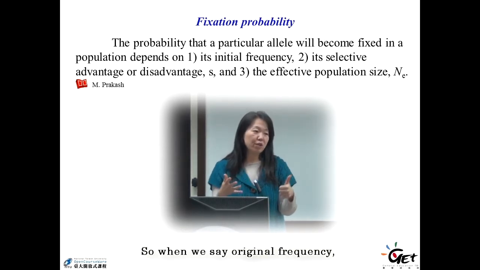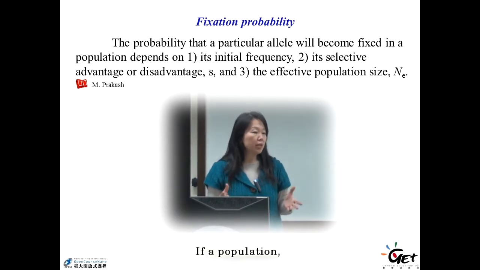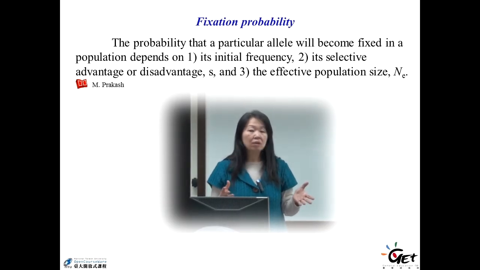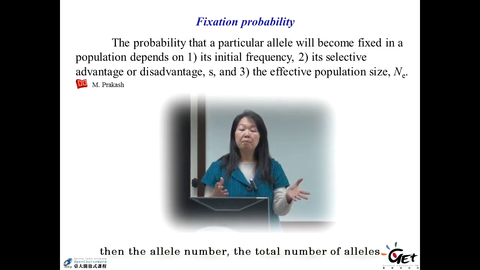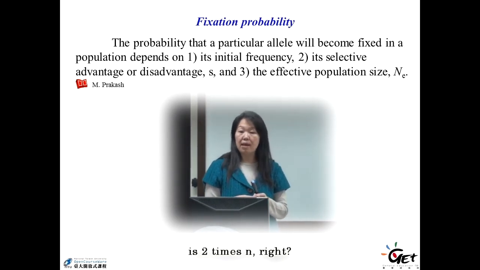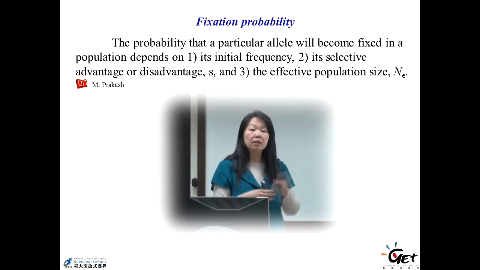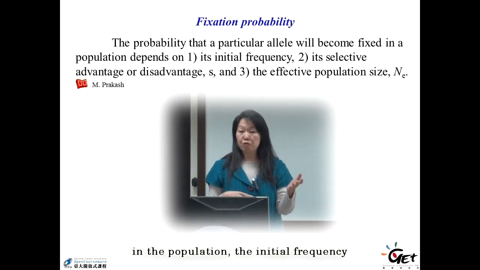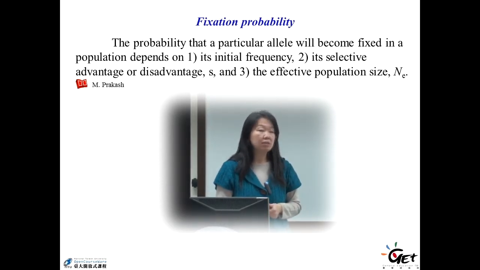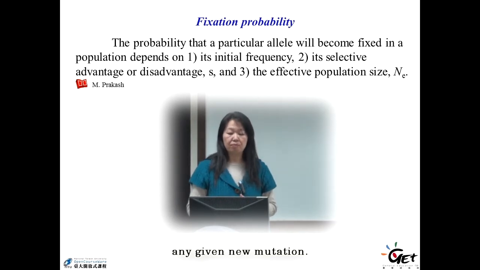I just want to remind you, in a diploid population with n individuals, the total number of alleles is 2 times n, right? Any new mutation that occurs in the population has an initial frequency of 1 over 2n. That's the initial frequency of any given new mutation.